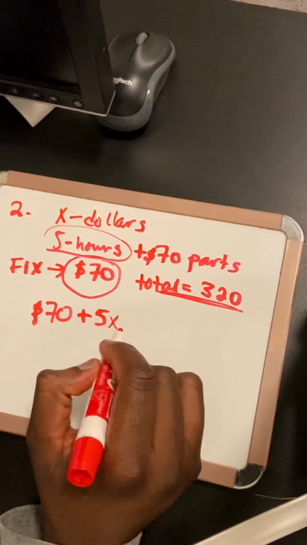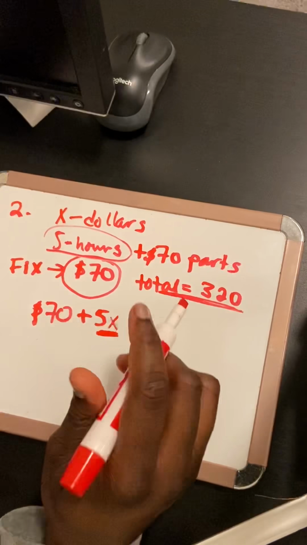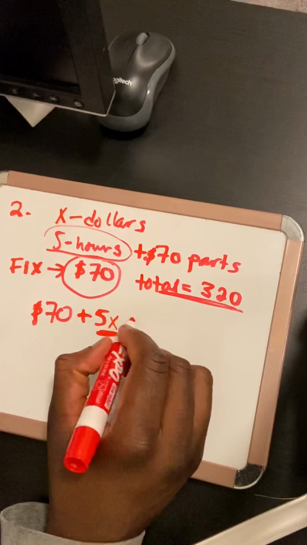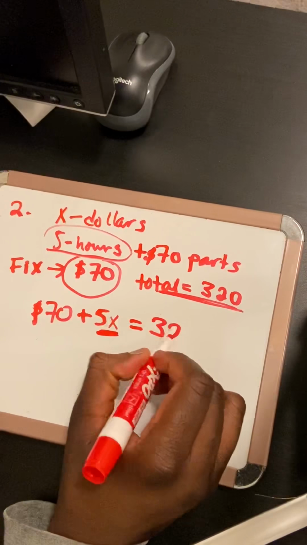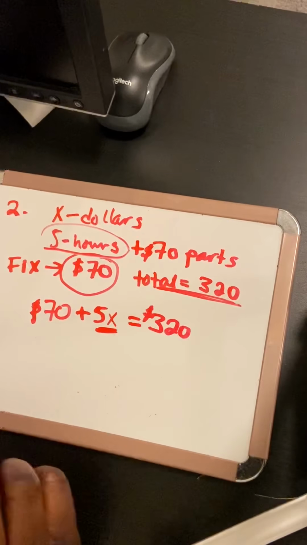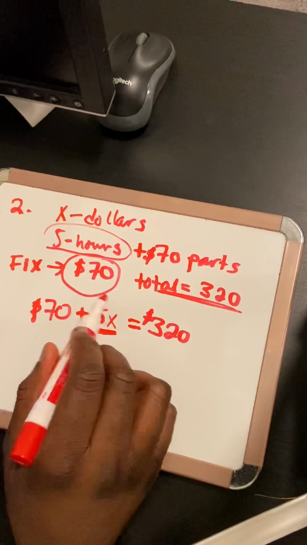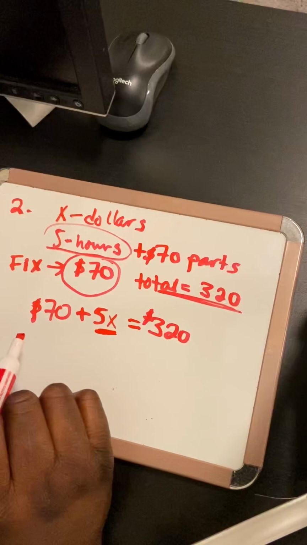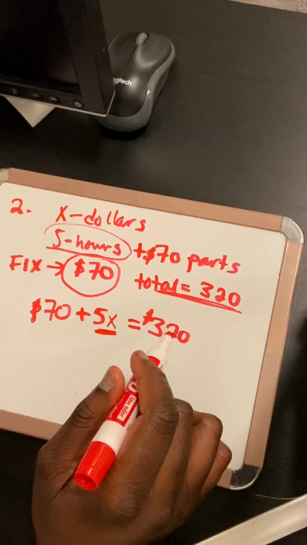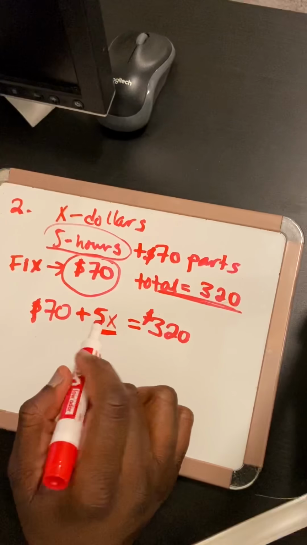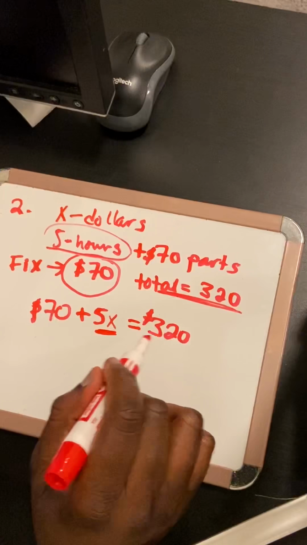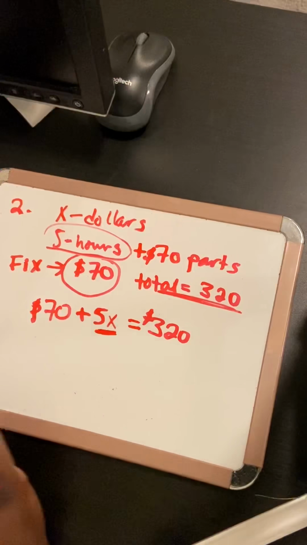But we don't know, so we're just going to leave it as X. This is going to equal 320 because this is exactly how much he paid in total. So the 70 for the parts plus the hourly charge times 5, because he worked for 5 hours, has to equal 320.